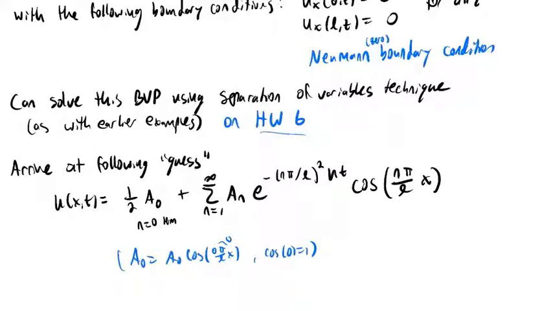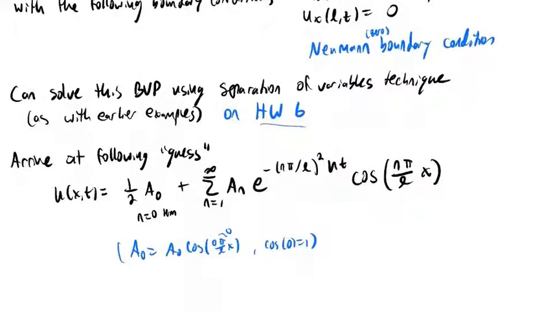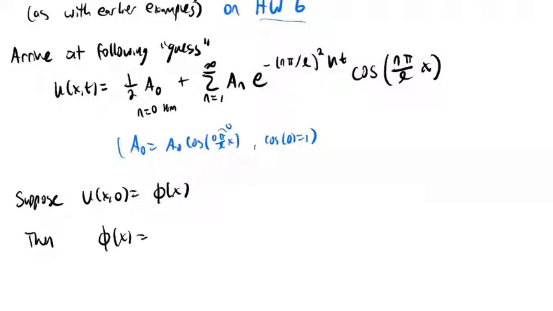Well, now let's say we also impose initial conditions. So suppose u of x comma 0 is equal to phi of x. Well, what happens if I set t equals 0 above? Then I would need phi of x to be equal to, well, the only thing that depends on t is this exponential term.